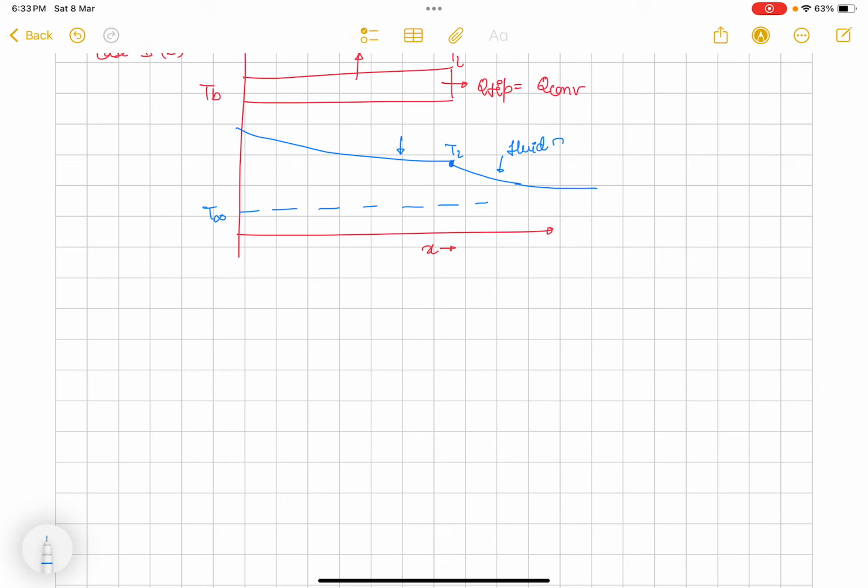And this will be like this, ambient fluid temperature at some distance away from the fin. All right. Fin temperature variation. There will be discontinuity here.